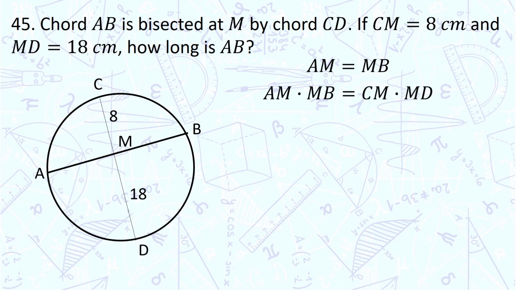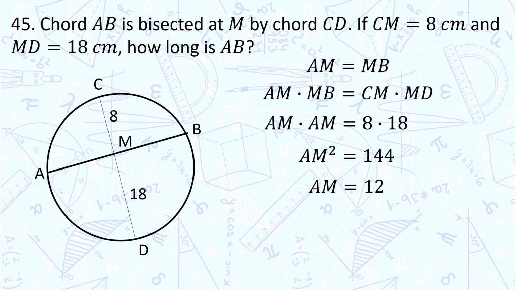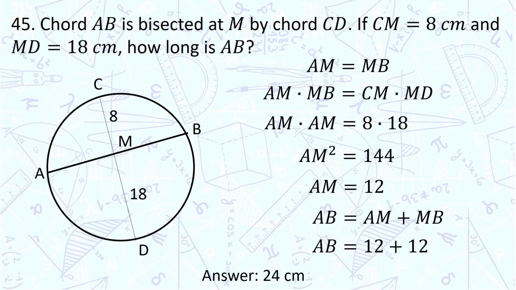So we have AM times MB equals CM times MD. AM is equal to MB, therefore AM squared is equal to 8 times 18, 144. Therefore AM is equal to 12, and since AB is equal to AM plus MB, therefore AB is equal to 24 centimeters.